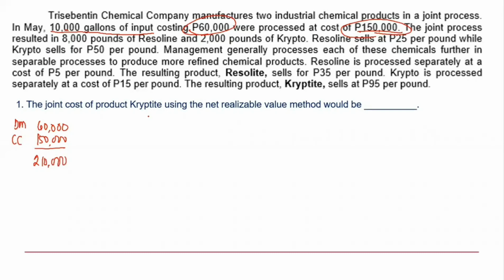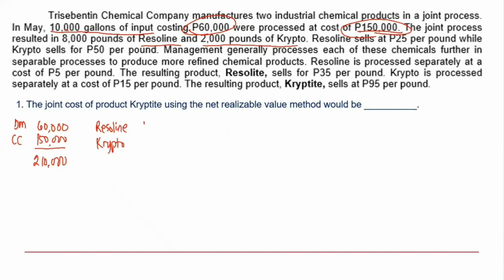Ayan. So going back, the joint process resulted in 8,000 pounds of Resolene and 2,000 pounds of crypto. Yan pa lang yung products natin. Okay, so sulat na natin, Resolene. Parang pangalan lang ng mga tao, no? And crypto. Ayan.